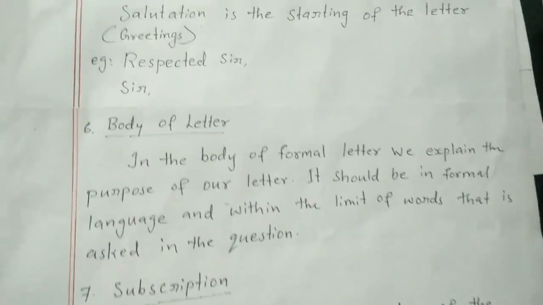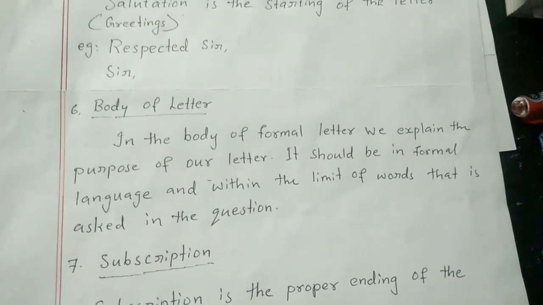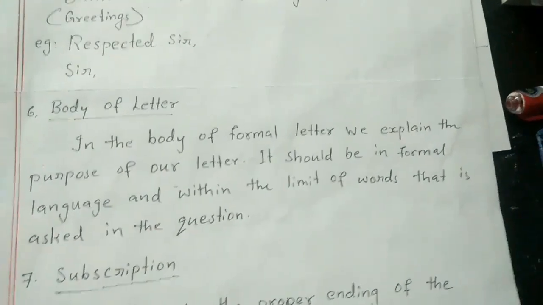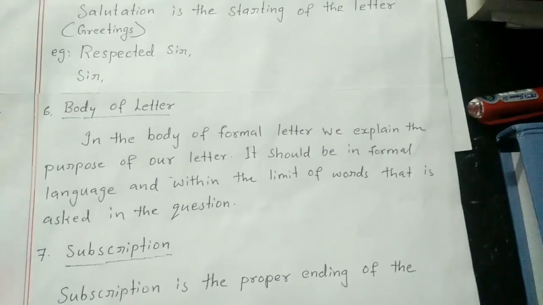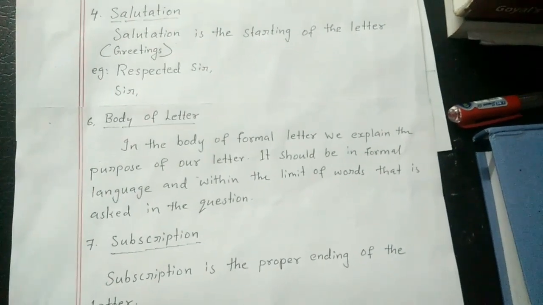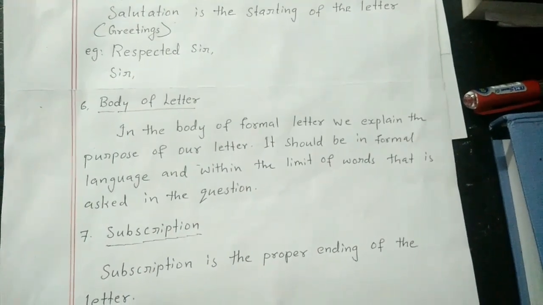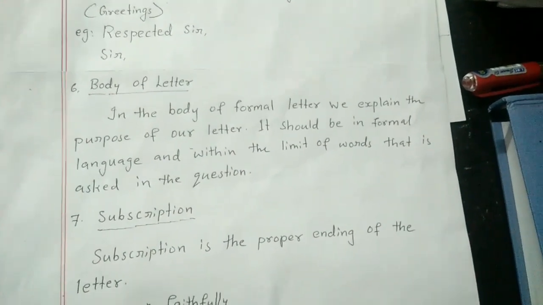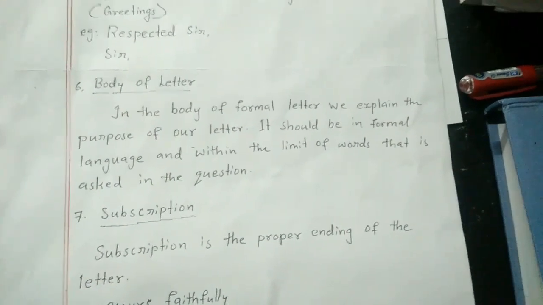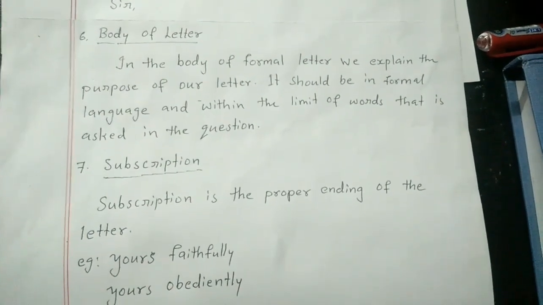Then the next step, the sixth one, is body of letter. In the body of a formal letter, we explain the purpose of our letter. It should be in formal language and within the word limit asked in the question. And the next step is subscription.